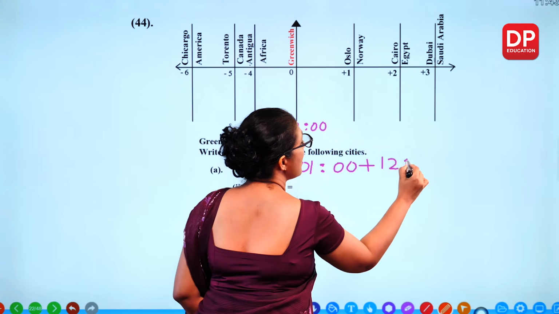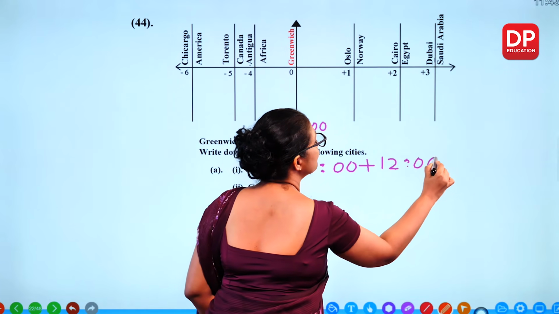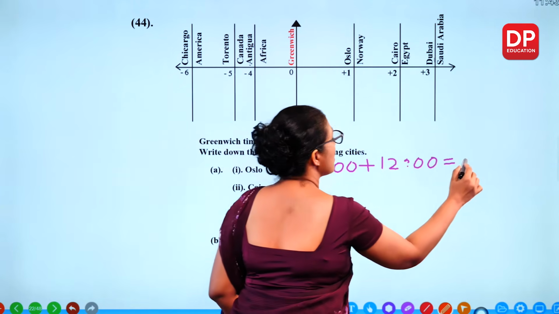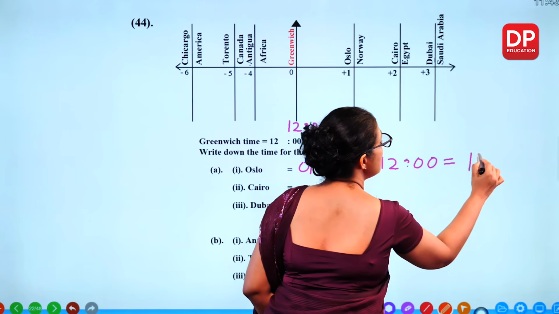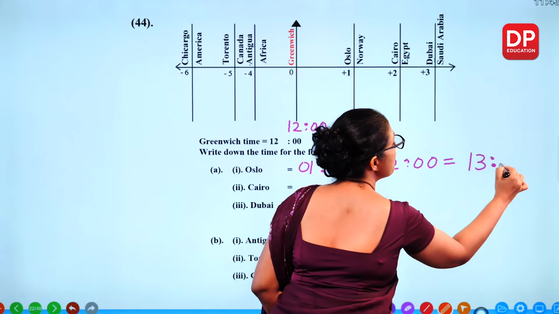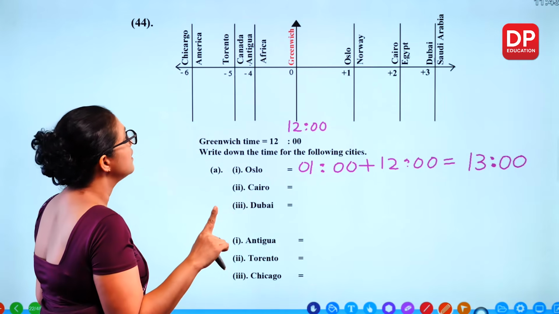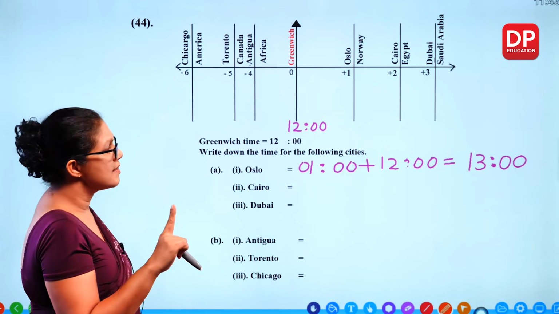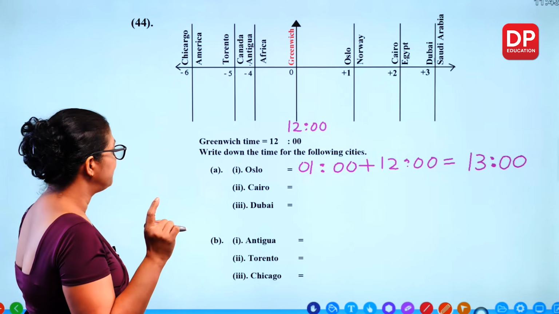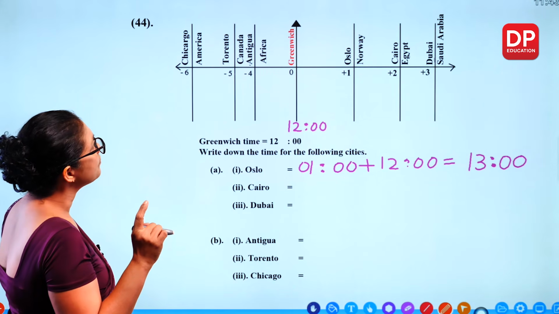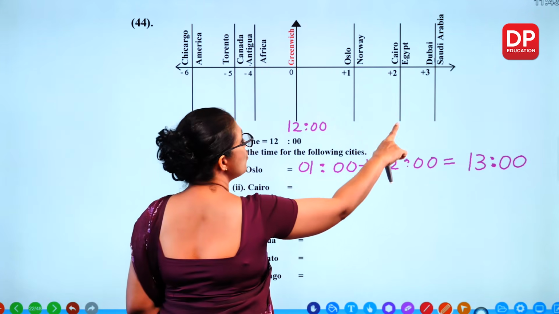So you can write 13 is the time, because this is p.m. Noon here, when you add 1 to that, this is p.m., 1 p.m. Cairo, adding 2 to that.